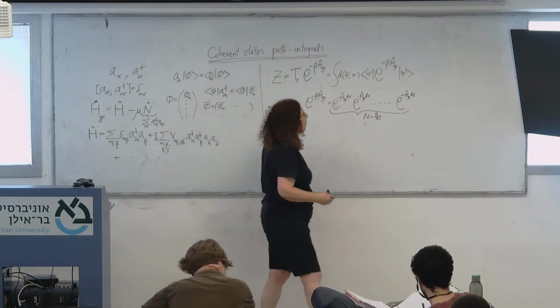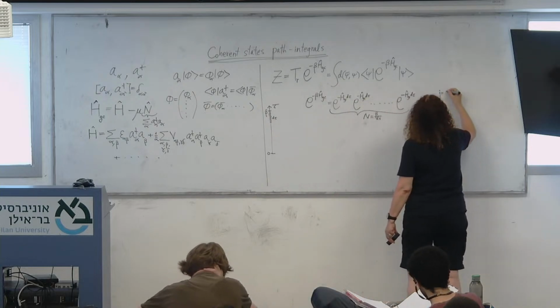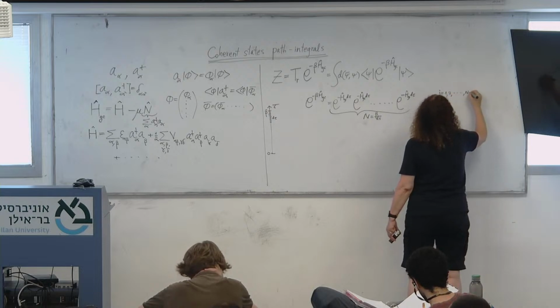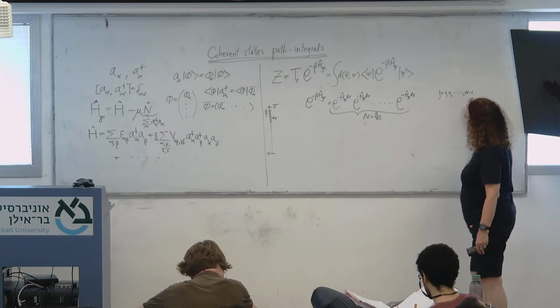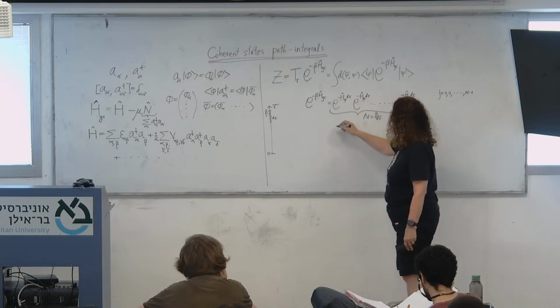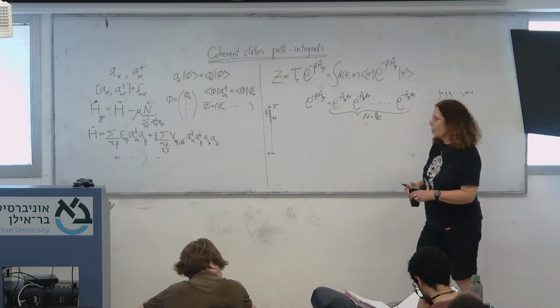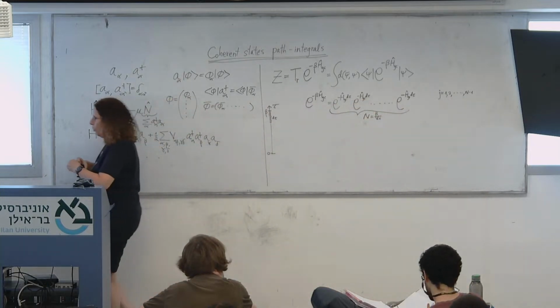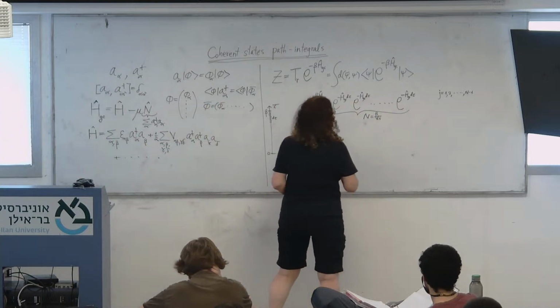So we define here an index j that changes between 1 to n minus 1, essentially. And for each j, we're going to put a resolution of identity in between two such exponentials. Okay? So let me remind you how the resolution of identity looks like for coherent states.